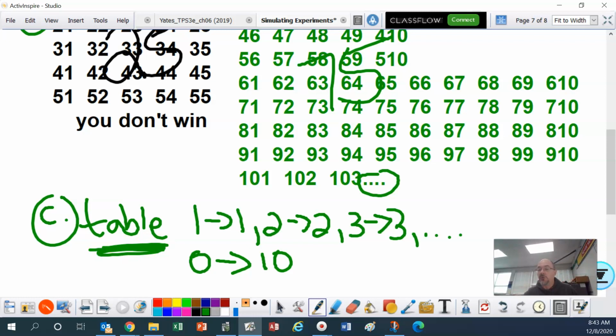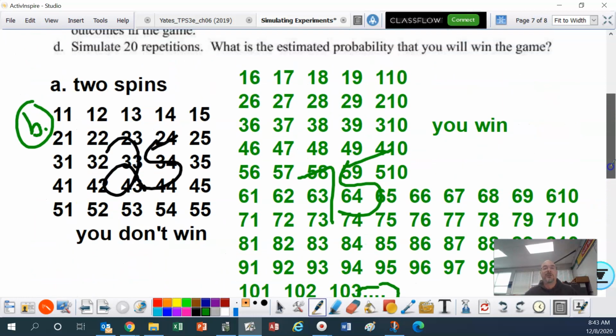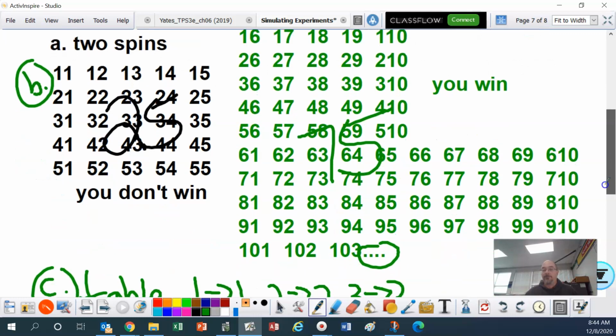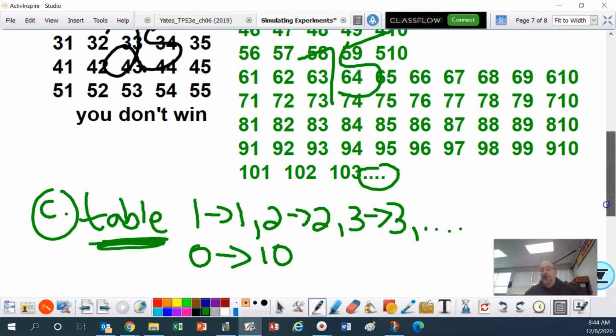So that's the answer to part C. The correspondence between the random digit from a random digit table and the outcomes in the game. So 1 would be 1, 2 would be 2, 3 would be 3, 4 would be 4, and so on, except 0 would have to represent the 10.